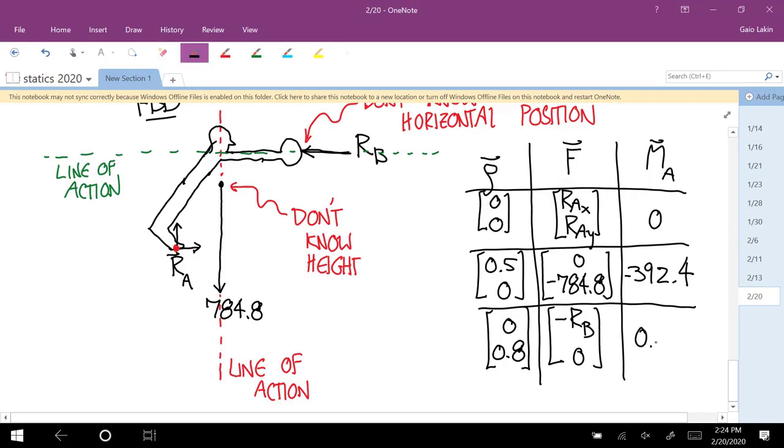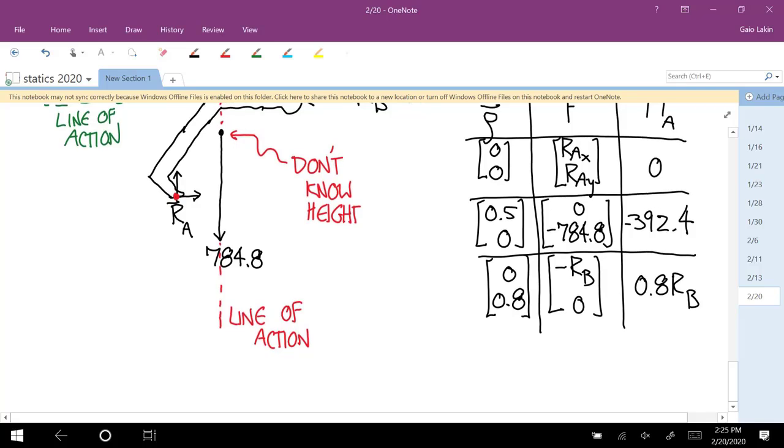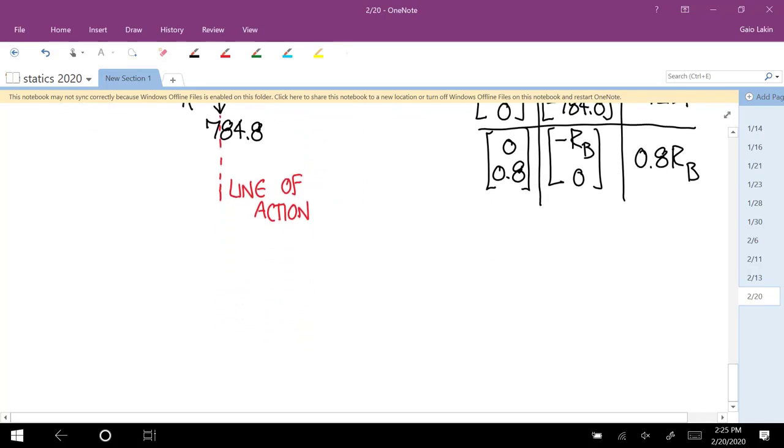And so you get 0.8 RB. And you can go through the calculations. You get that RA is equal to 490.5, 784.8, and RB is 490.5.